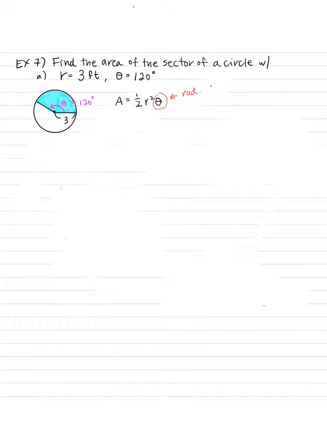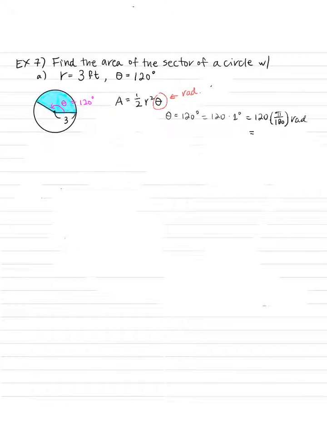So let's first go with theta equals 120 degrees, which is 120 times 1 degree, which is pi over 180 radians.